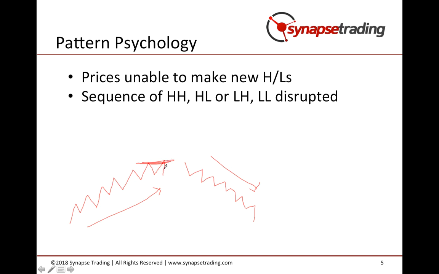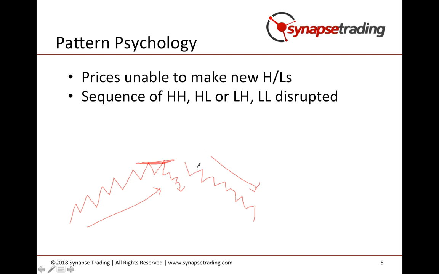Therefore the sellers come in more aggressively, push the prices down, which then eventually leads to a change in the trend. So from higher highs and higher lows, you get lower highs and lower lows. If you're not sure what higher highs and higher lows are, you can go and check out the video on swing counts, which explains it in greater detail.